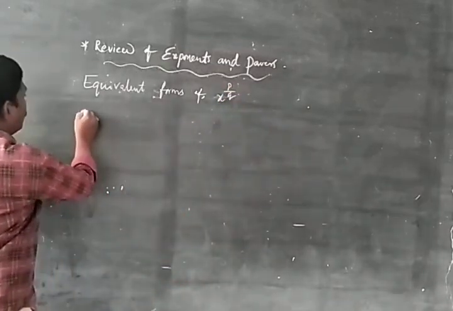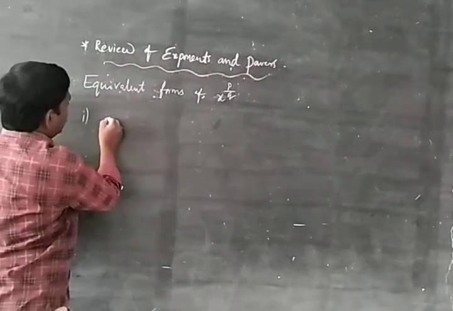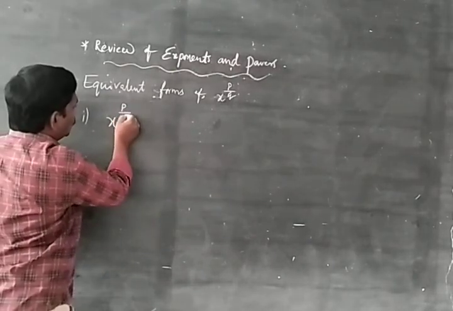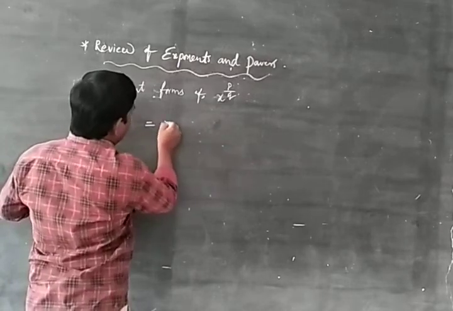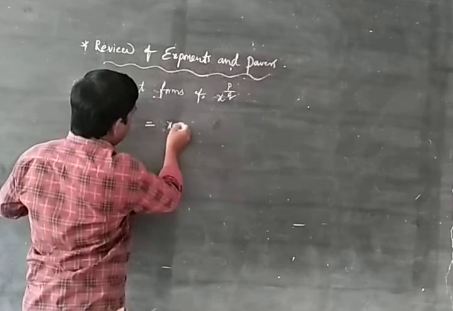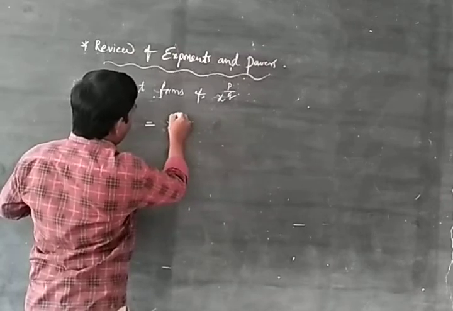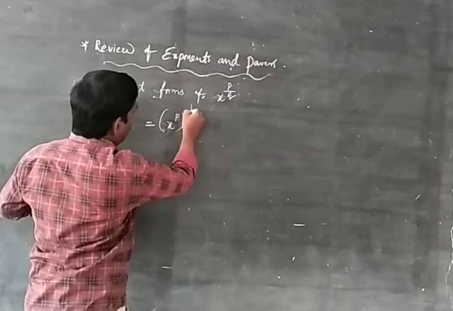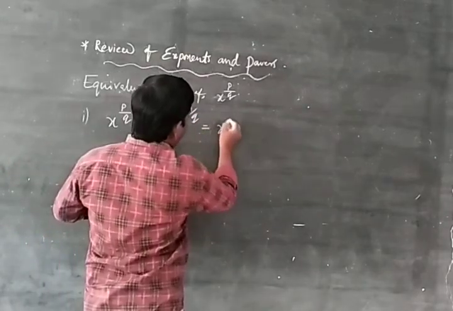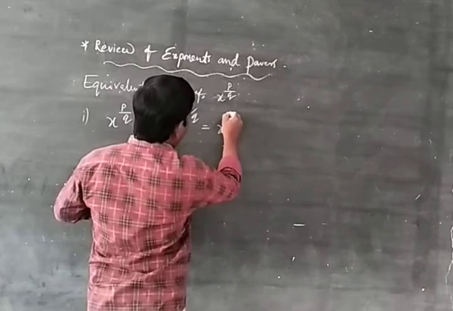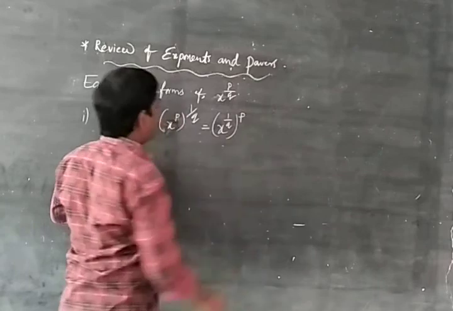Number 1: x power p by q is written as (x power p) whole power 1 by q, or (x power 1 by q) whole power p.